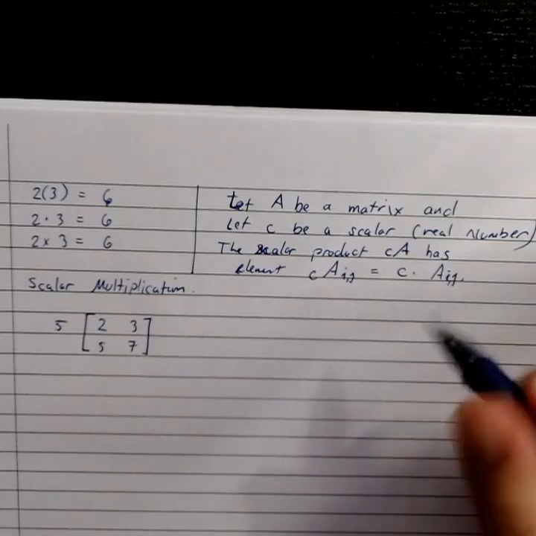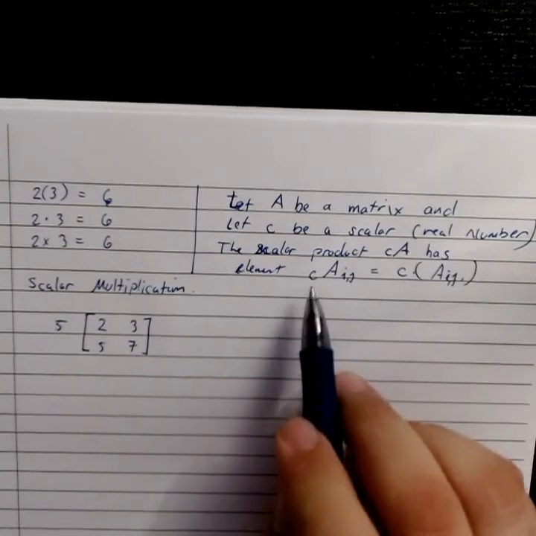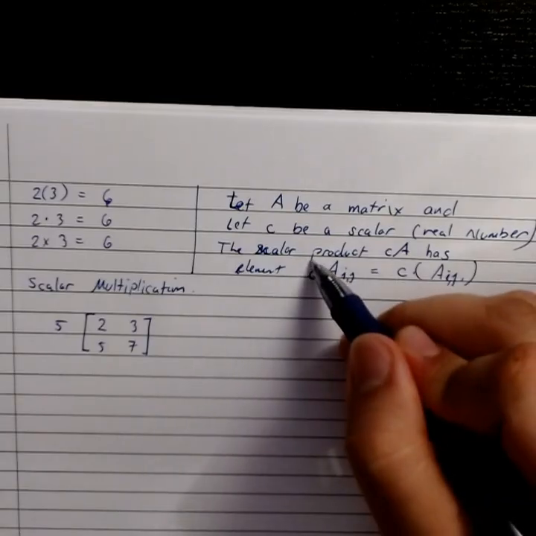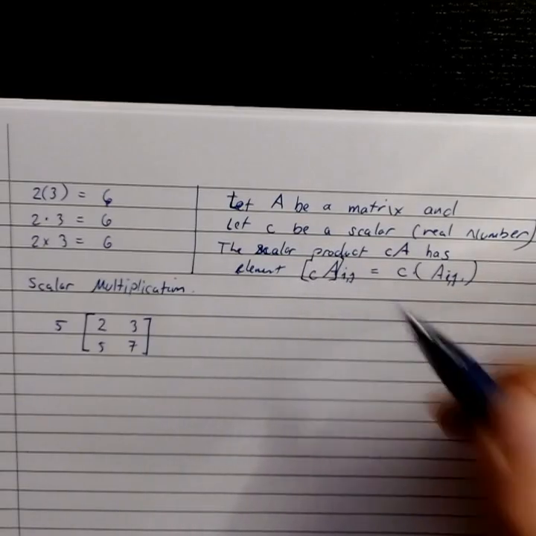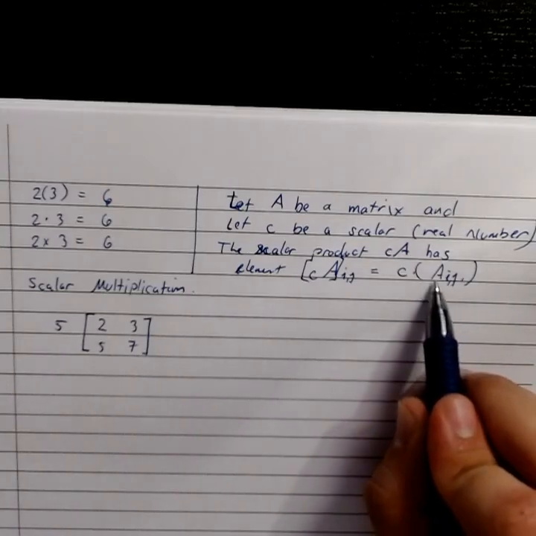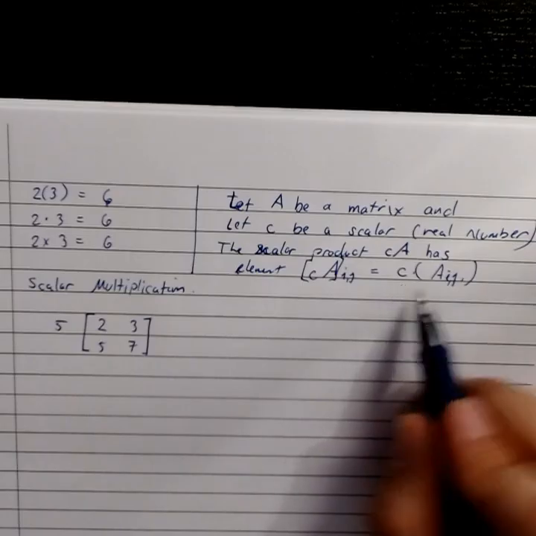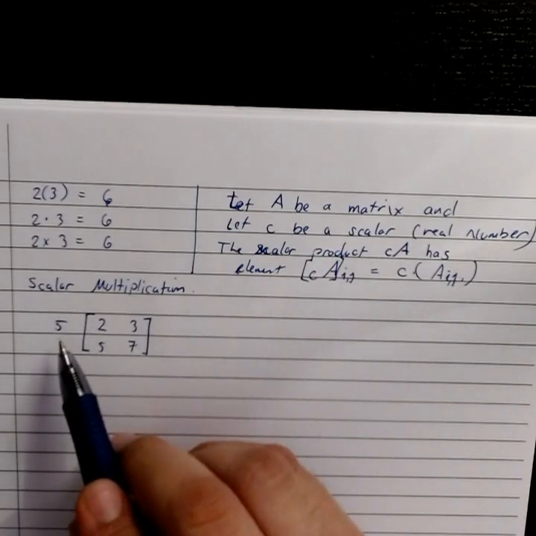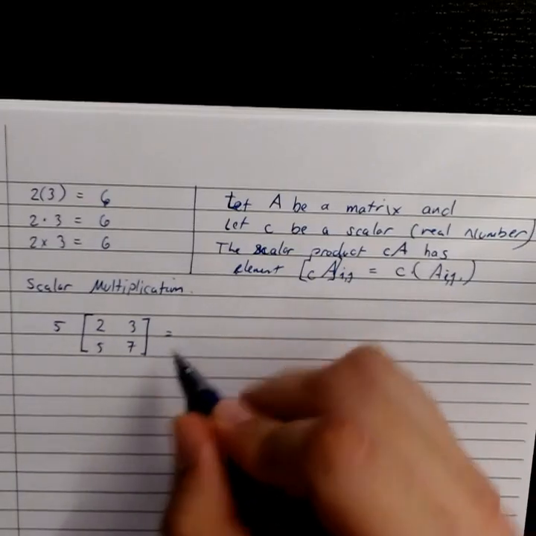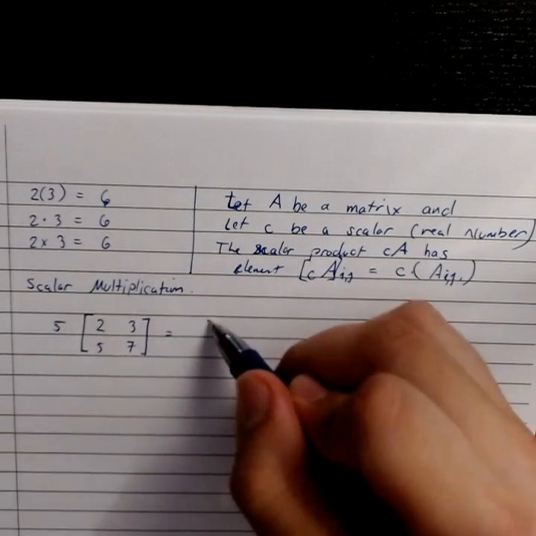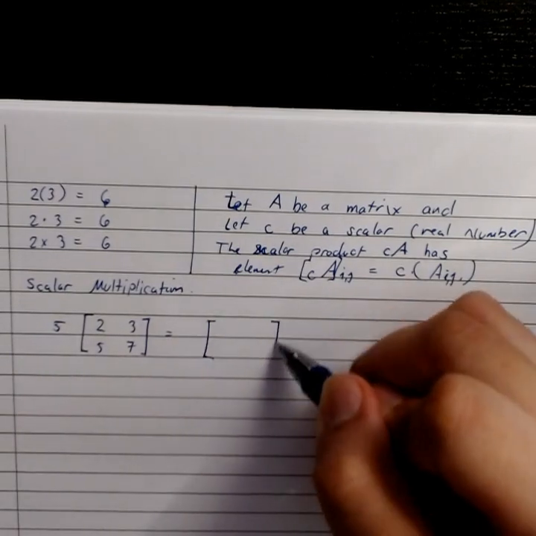That looks a little strange here. What I mean by that is if you want the ij element of the matrix CA, that's the same as taking the ij element of A and multiplying it times C. This is a formal way of saying it. What that'll look like is, okay, I have a 2 by 2 matrix. If I multiply it by a scalar, I'm going to get another 2 by 2 matrix.